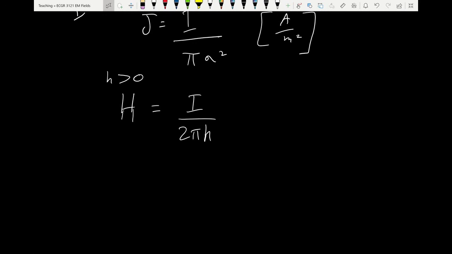So if h is less than a, h is larger than a, sorry. If h is less than a, what would be, so let me do Ampere's law again. H dot dl equals I enclosed.